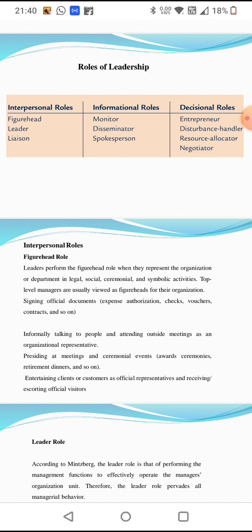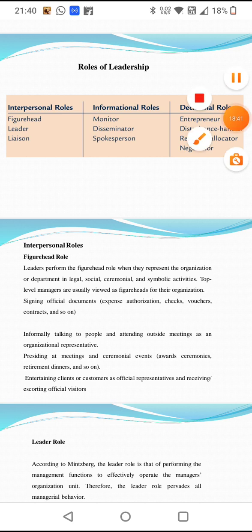Therefore, the leader role pervades all managerial behavior. For example, hiring and training, giving instructions and coaching, and evaluating performance. These are some of the roles which are expected from the leader.